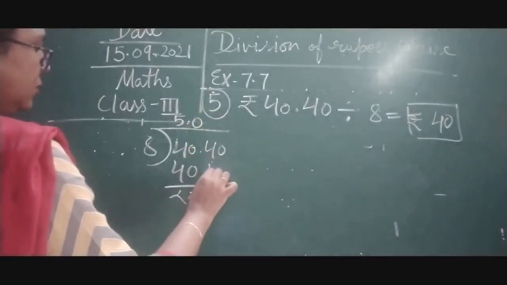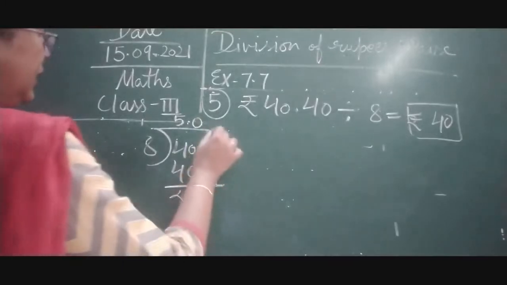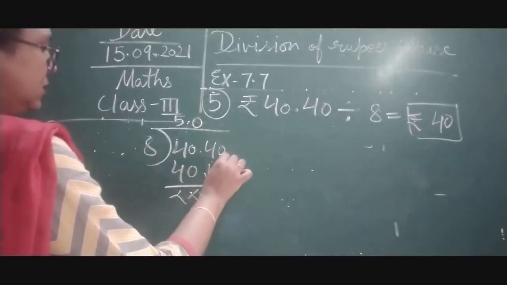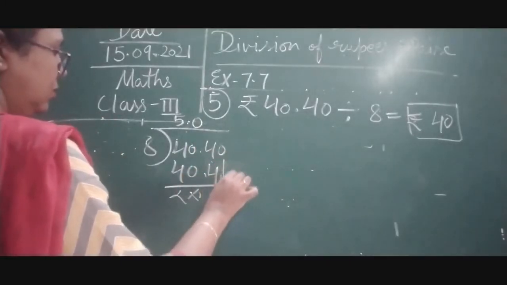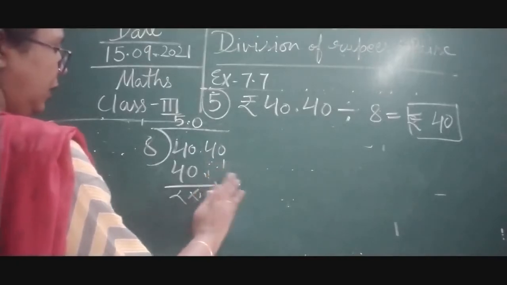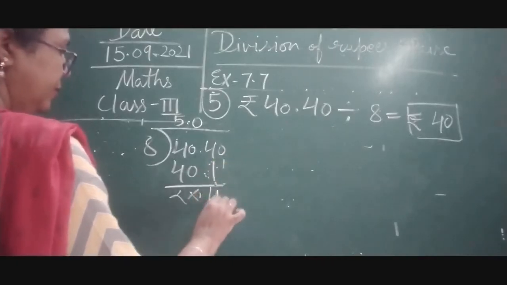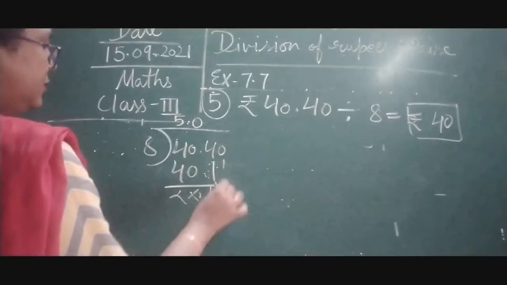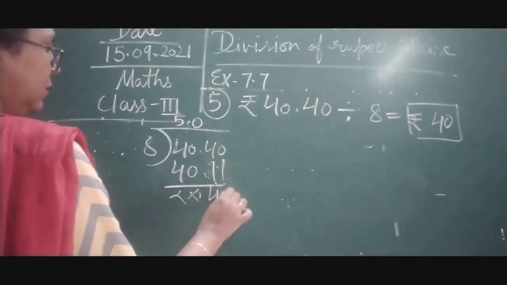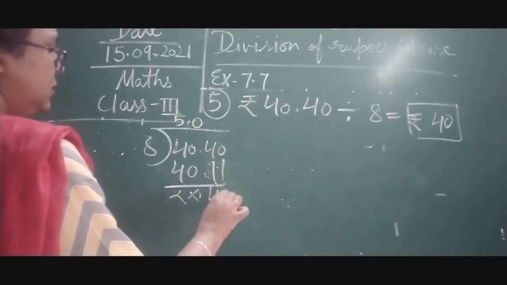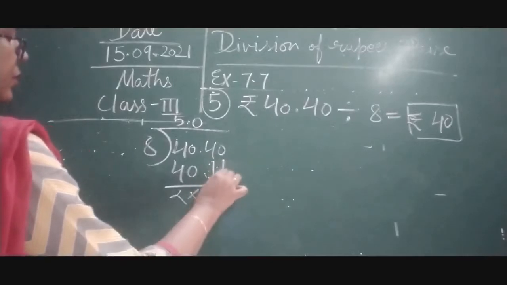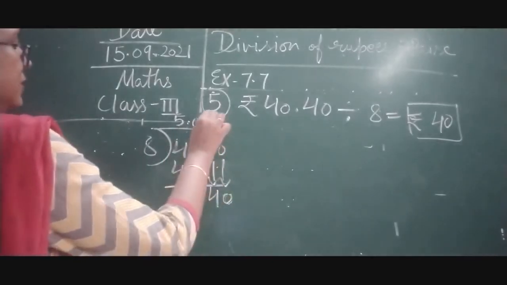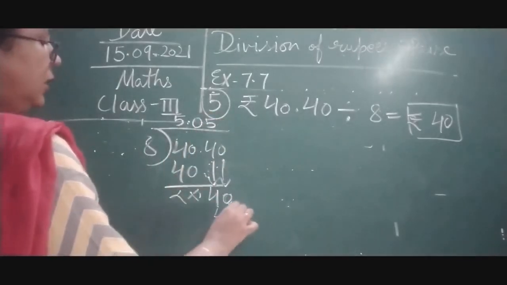Okay, so we will write 4 and then 0, and then 0. Okay, so 8 5s are 40.